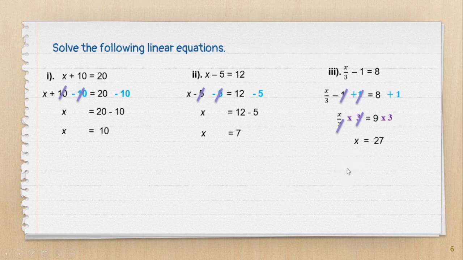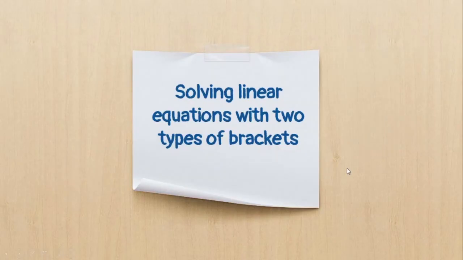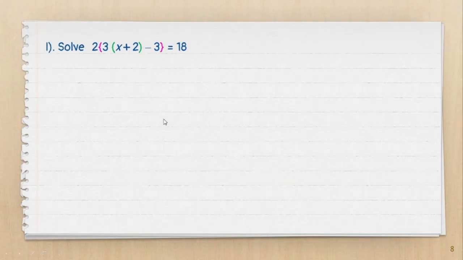Let's learn how to solve linear equations that have two types of brackets. This is the example. 2 times {3 times (x add 2) subtract 3} equal to 18. You can see here has two types of brackets. To easily identify, I use two different colors for brackets.